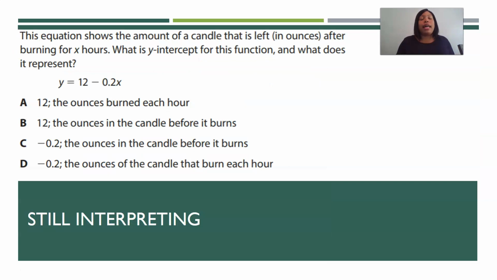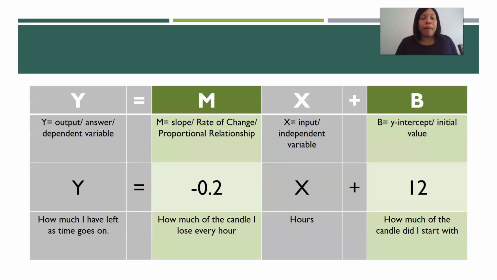So then let's go ahead and do another interpretation problem. This equation shows the amount that a candle is left in ounces after burning for x hours. What is the y-intercept of this function, and what does it represent? So let's go back and basically dissect this whole equation. Dissecting this whole equation, y'all, I grayed out the y and the x, because again, it changes from situation to situation.